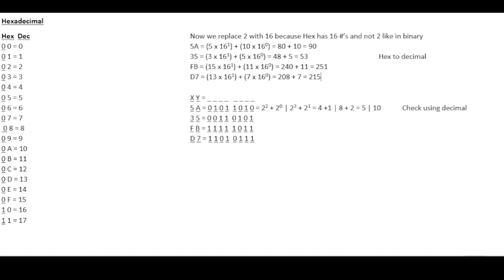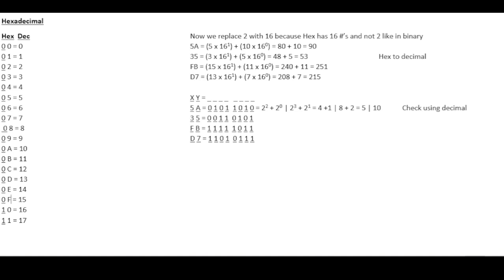Why is that? Well, remember we said 4 bits goes up to the value of 15. The max value that we could get with one digit in hexadecimal is 15. What character is that? It's F. F goes up to 15, and 4 bits goes up to 15. So it takes 4 bits to represent one digit in hexadecimal.